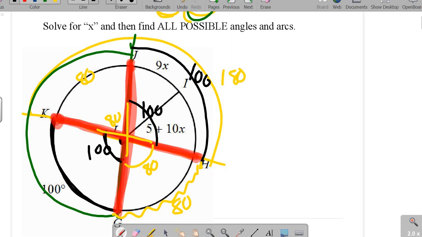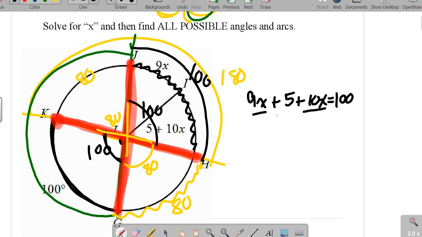Let's go ahead and solve for x. Now we know that the arcs add up to 9x plus 5 plus 10x equals 100. Collect like terms.